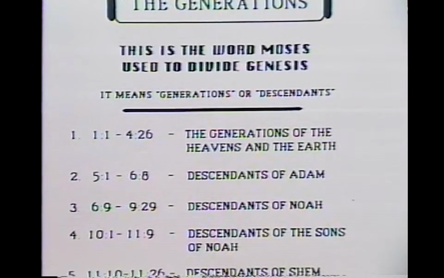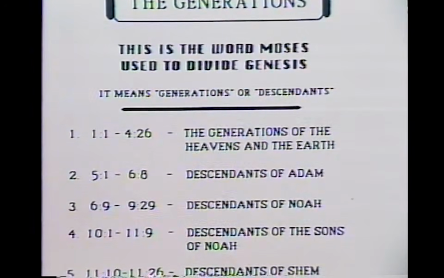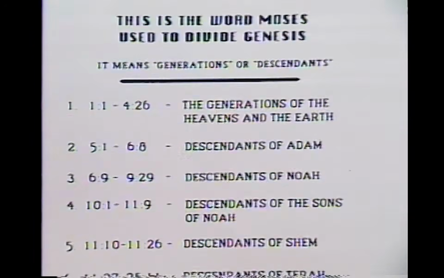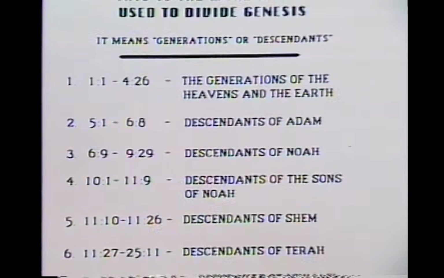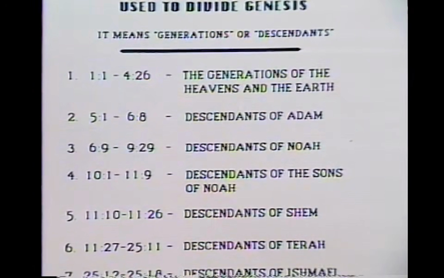You've got chapter 1, verse 1 through chapter 4, verse 26, the Toledot of the heavens and the earth. Chapter 5, 1 through 6, 8, the descendants of Adam. Chapter 6, 9 through 29, the descendants of Noah and descendants of the sons of Noah, and so on. And this is a word that Moses used through inspiration in dividing the various parts in Genesis.